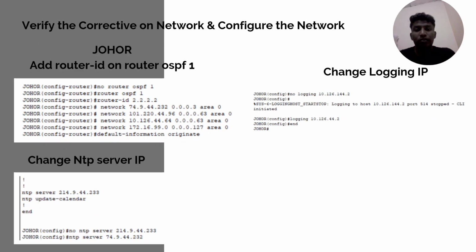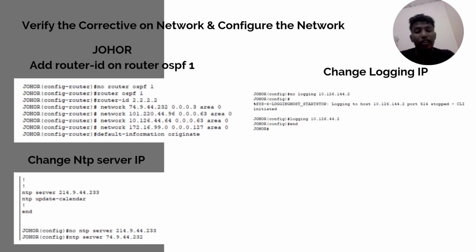So now we have to set up Johor, which is we have to add router ID on router Johor OSPF1, and secondly we have to change the NTP server IP, and thirdly we have to change the logging IP. So first, add router in OSPF1, like usually we have to redo the old OSPF1.